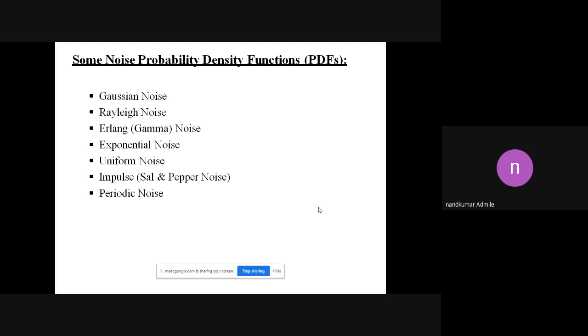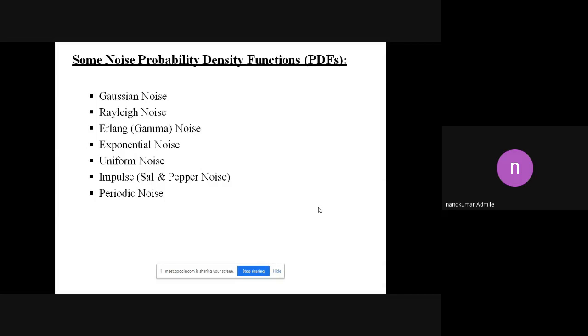So what are the different types of noises presented in the image? Here we have to study the different types of noises and how the noise can be represented with the help of mathematical equations as well as plot functions. That part we covered in the last lecture, so we can simply revise it.